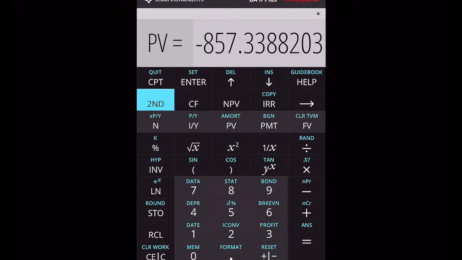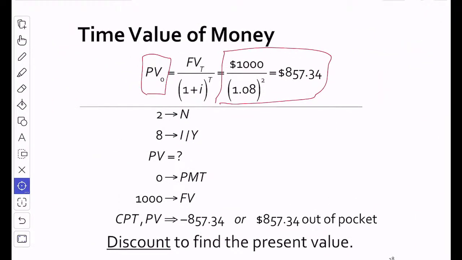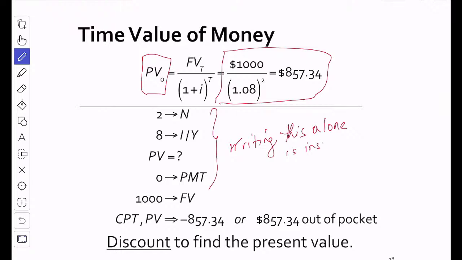No, you can use the calculator. My point about the point that I'm making here is that writing this down on your test will not earn you any points.